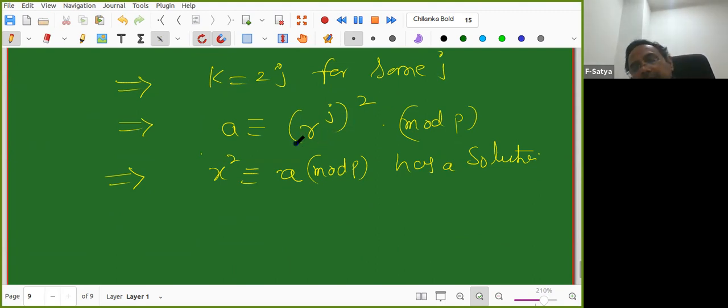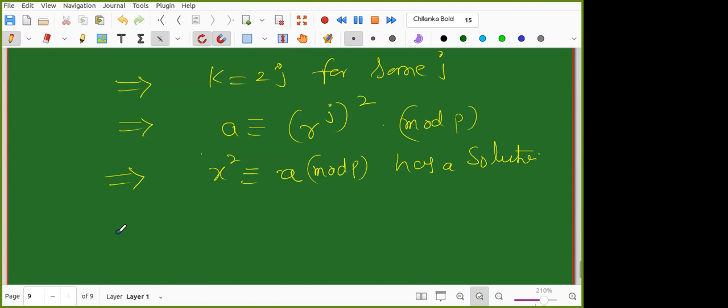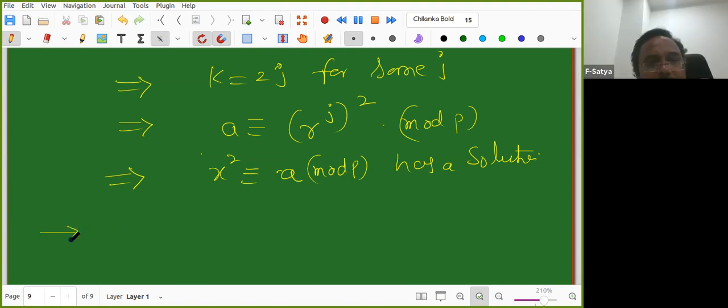In particular, this proof is giving something very beautiful. In the textbook it is not written, but I'm telling you. If r is a primitive root, what happens? All the elements in U_p look like r^0, r^1, r^2, and so on, up to r^(p-1).